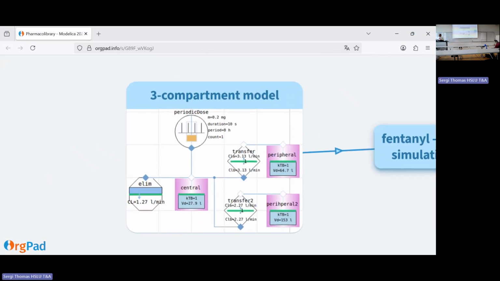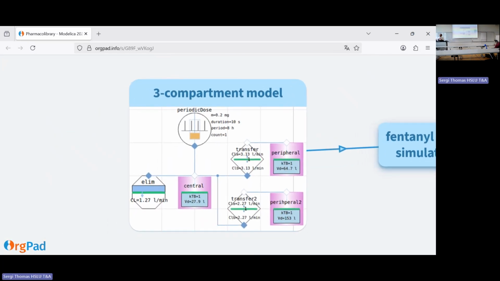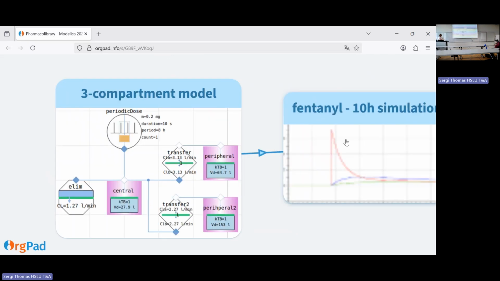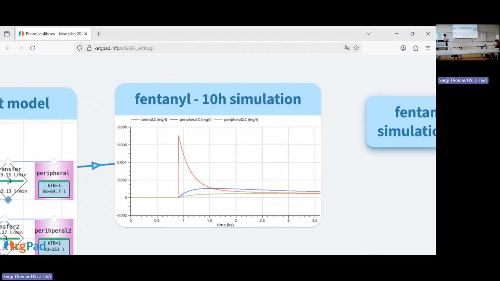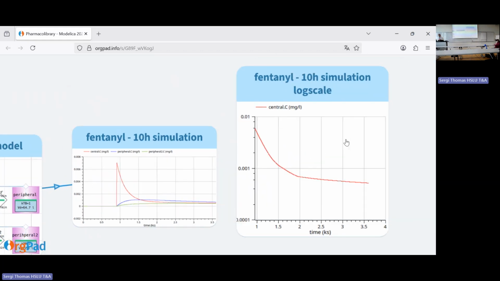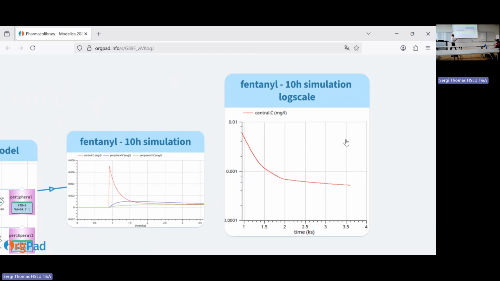There are 3 compartment models that are again more complex. Here is the example of fentanyl. Again, the drug is used for anesthesia, and for a 10-hour simulation, you see here again something like logarithmic decline, but here you see that the 2 peripheral compartments make these inflection points.